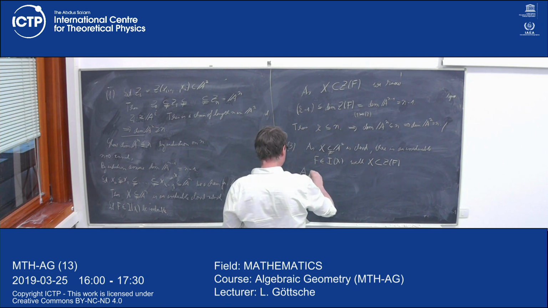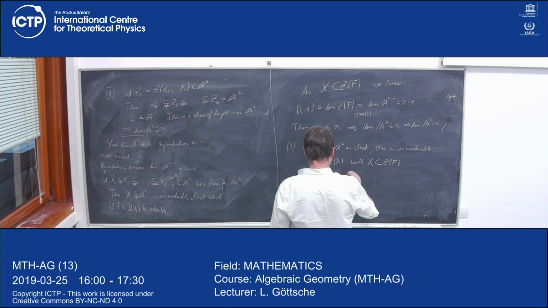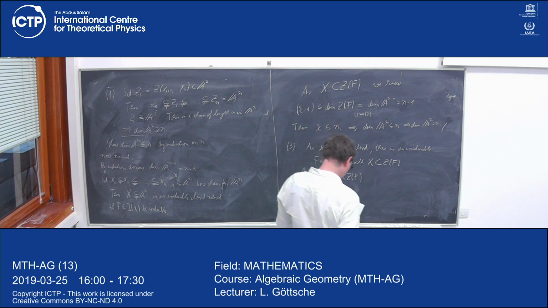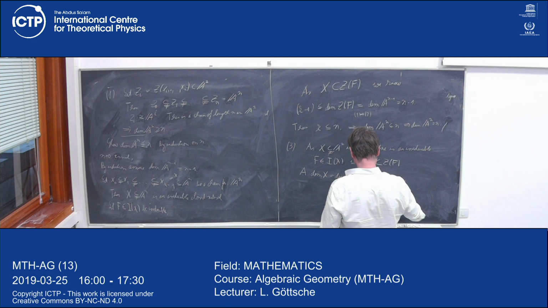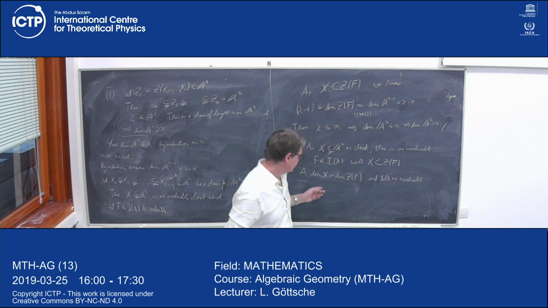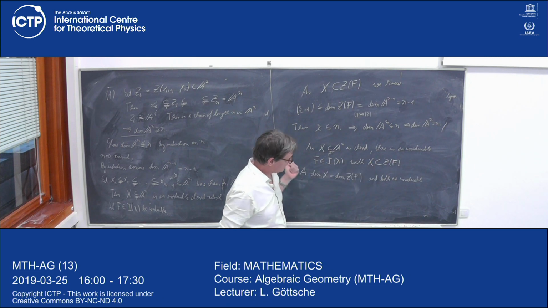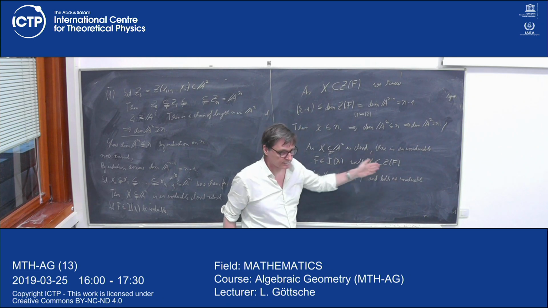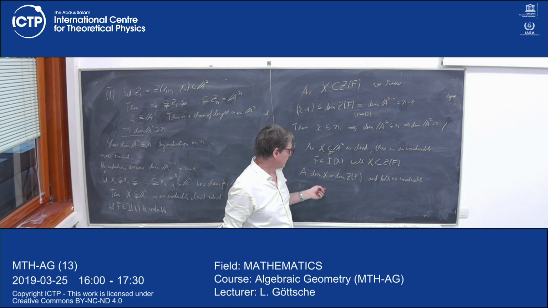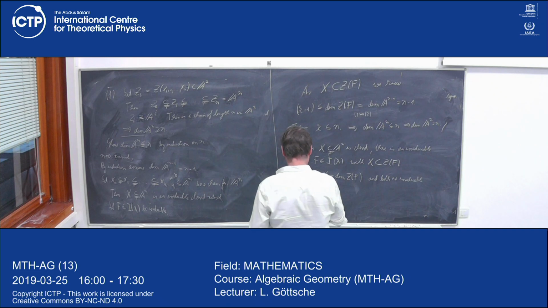But as the dimension of X is equal to the dimension of the zero set of f, and both are irreducible, we have seen if you have two irreducible things, one contained in the other, which are different, the dimension must be different. Now the dimensions are equal, so they must be equal. It follows that X is equal to Z(f).